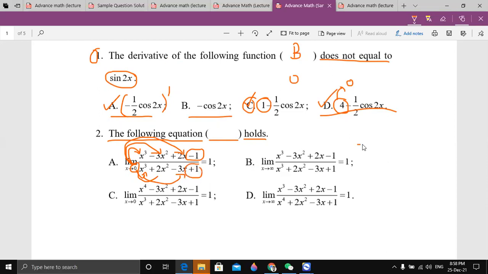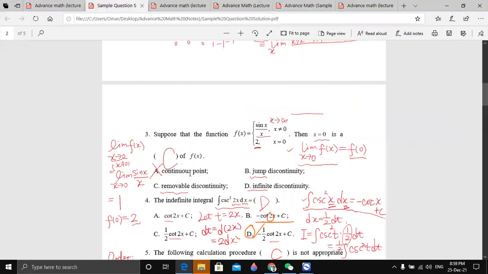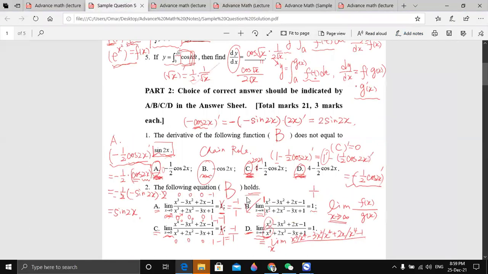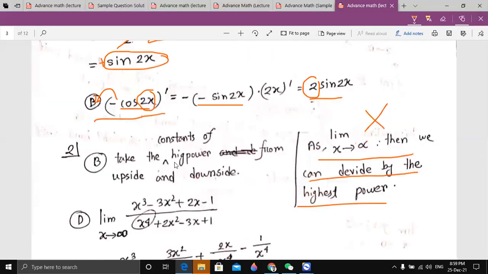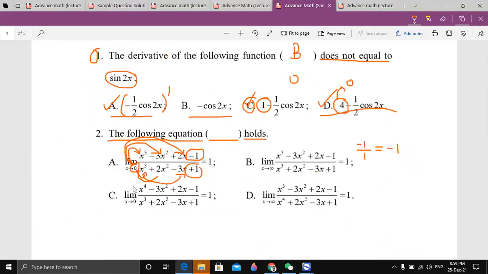So minus 1 divided by plus 1 is minus 1, right? Simple question. The answer will be B. So this one is not correct.